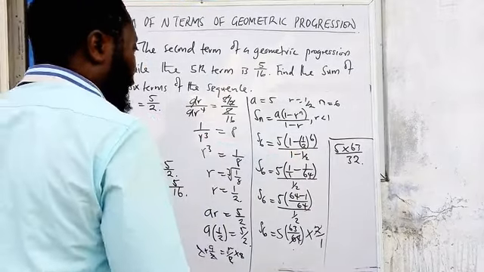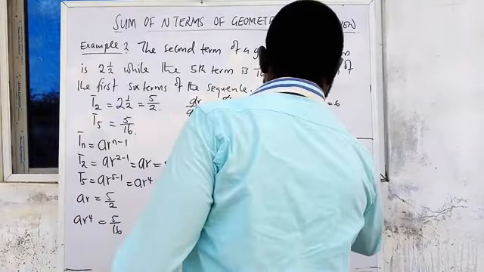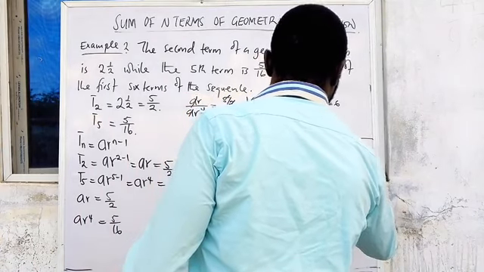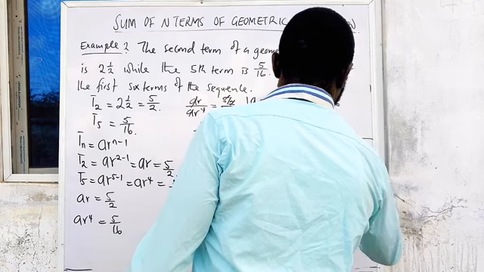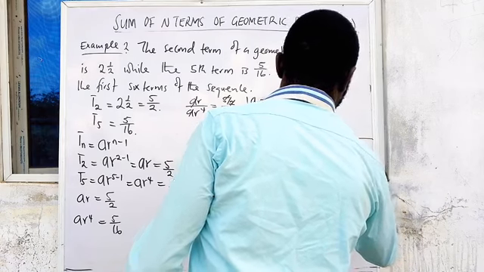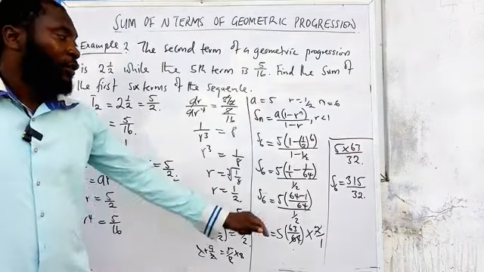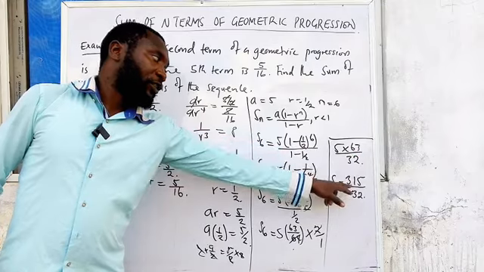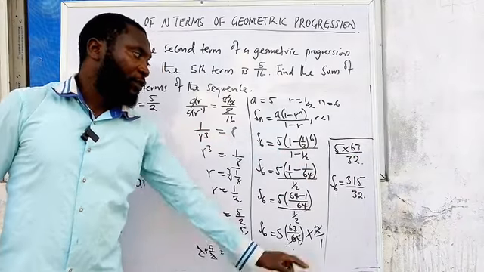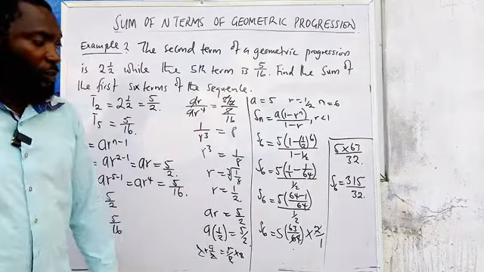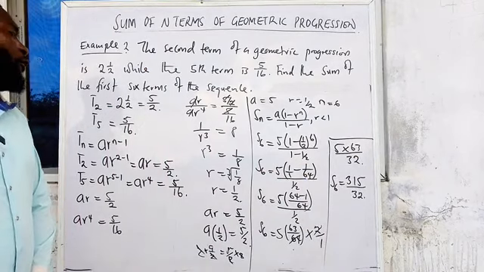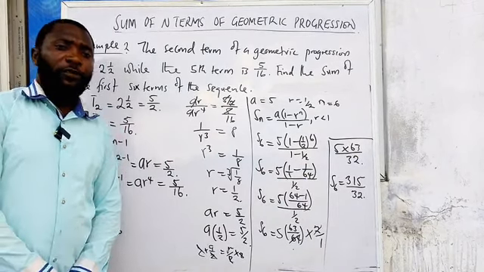And we can multiply now. So our final result, S6, the sum of the first 6 terms, will be 315 divided by 32. Why? Because 5 times 63 is 315, divided by 32. And this is the sum of the first 6 terms of this sequence.